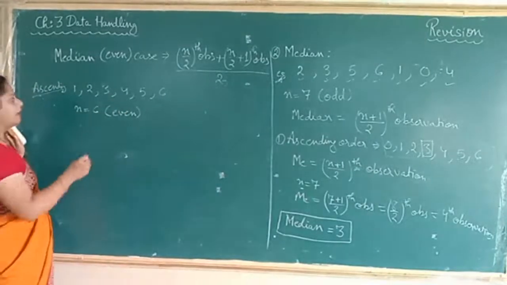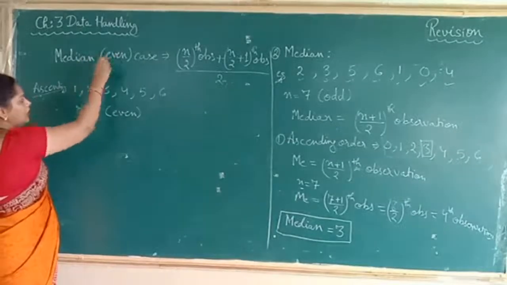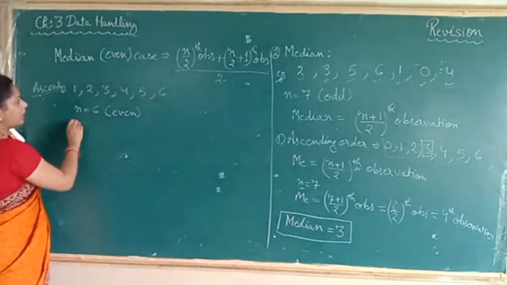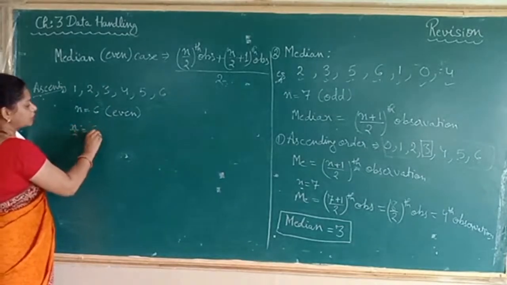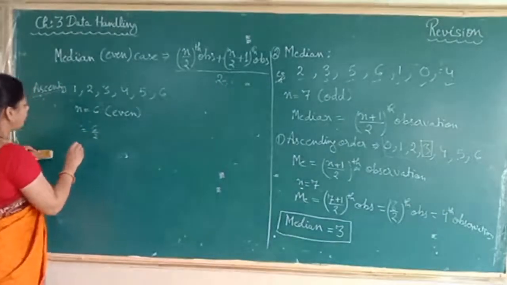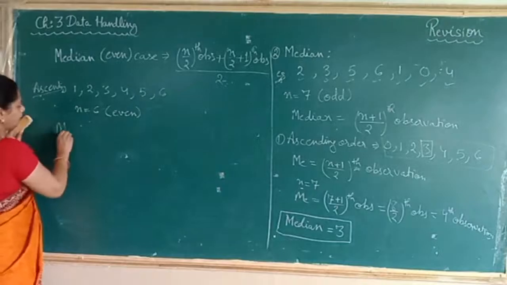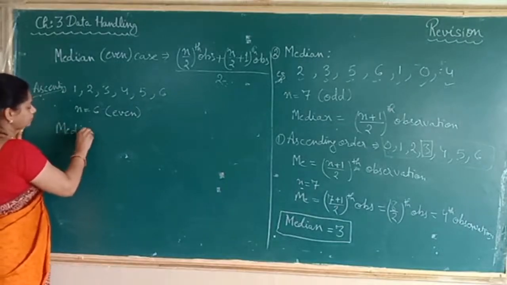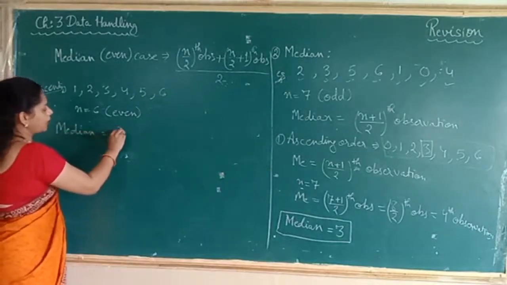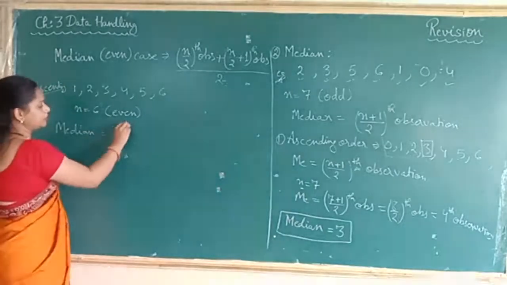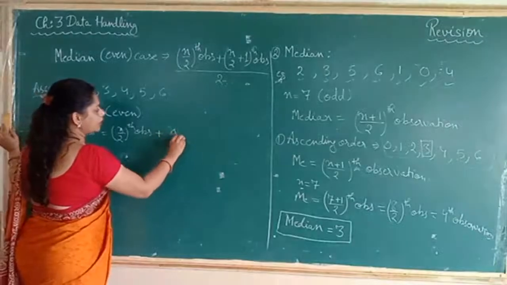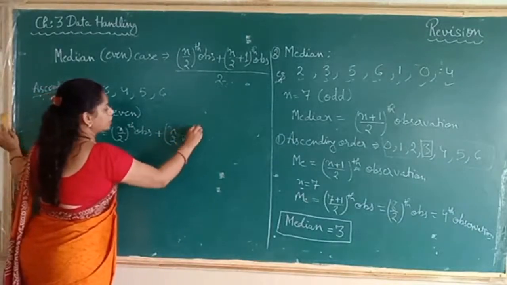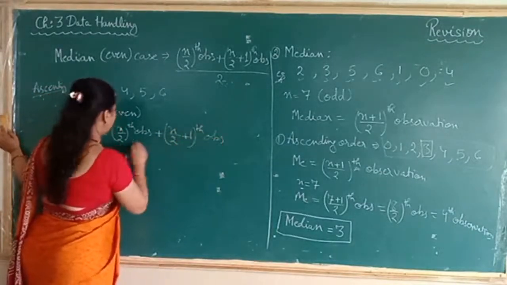Now how to find the median in the even case? I know the formula is the n by 2th observation plus the n by 2 plus 1th observation, divided by 2.